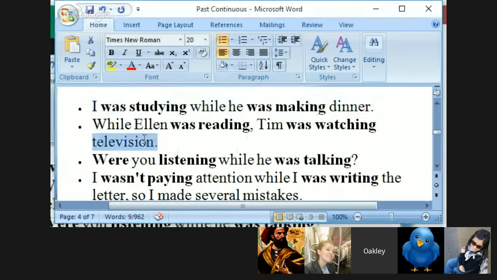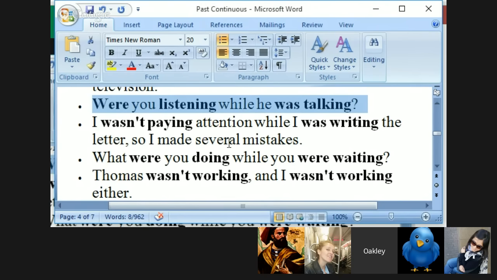Were you listening while he was talking? In a question form. I wasn't paying attention while I was writing the letter, so I made several mistakes. Notice the use of two parallel actions, and then another clause.